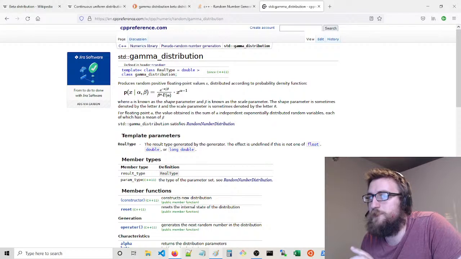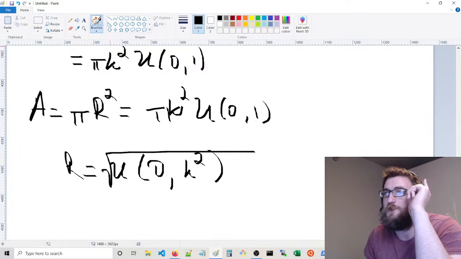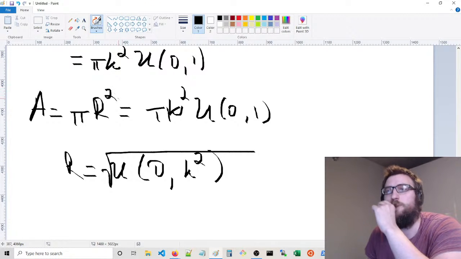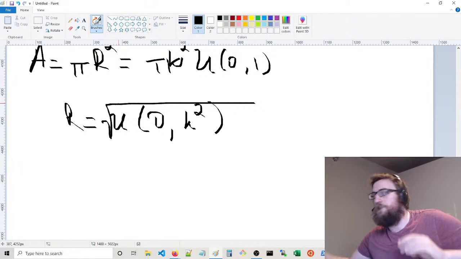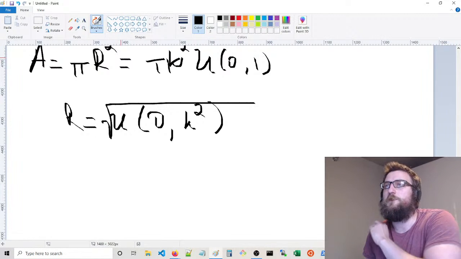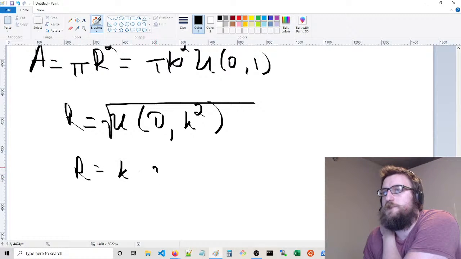So the reason why I'm going through all this is because we want to optimize our program to not use the square root function when we generate random points, which means that we want to generate our random values for the radius directly from this distribution of r. So we can take r to be k times the square root of u of 0, 1.